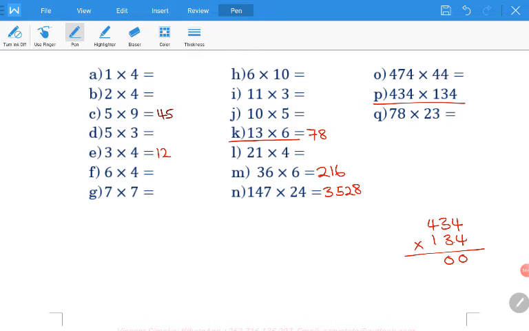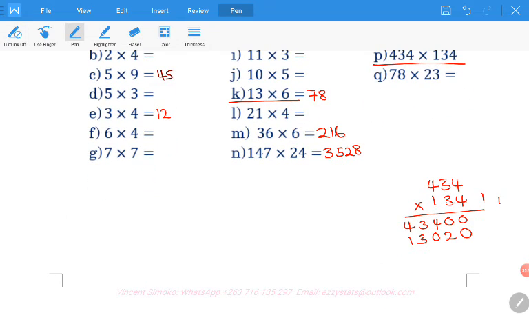So 1 times 4, it's actually 4. 1 times 3 is 3. 1 times 4, it's 4. Then now we are multiplying by the tens, so we give a 0. 3 times 4, that's 12, so it's 2 carry 1. 3 times 3, that's 9 plus 1, that's 10, so it's 0 carry 1. 3 times 4, that's 12 plus 1, that's 13.